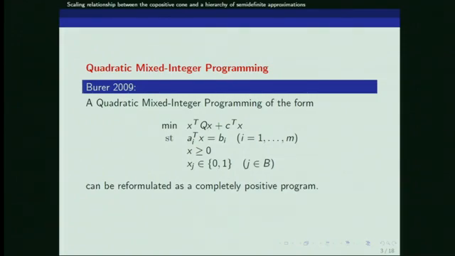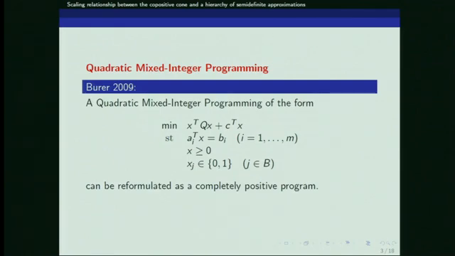If you've ever attended a talk about copositive programming, then you will probably have seen this example by Burer before, which says that if you have quadratic mixed integer programming problems, so a quadratic objective function, a bunch of linear constraints, and then a few of these variables are binary, then this problem can be formulated as a completely positive program, and the completely positive cone is the dual of the copositive cone.